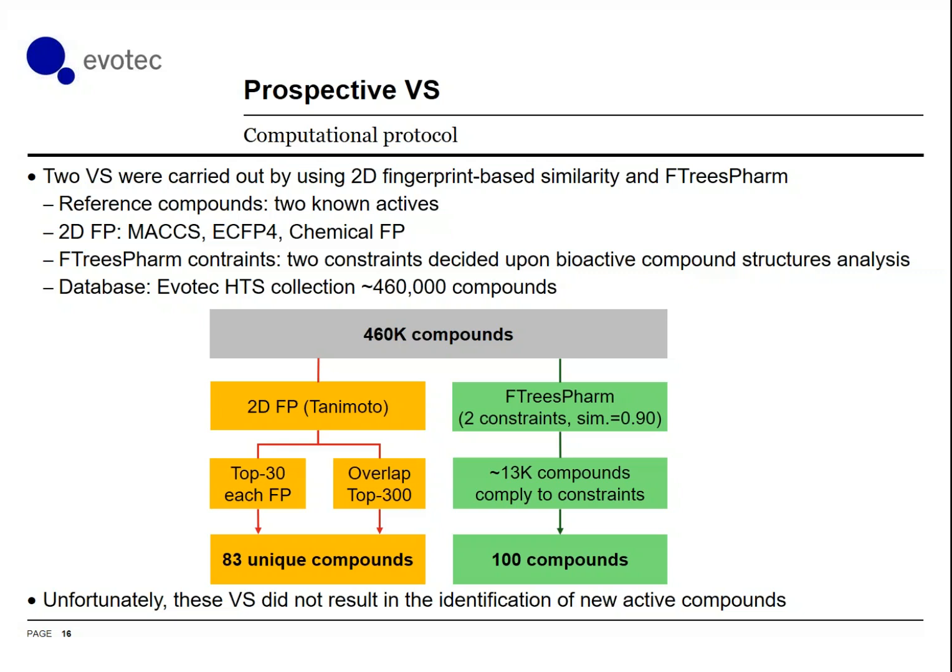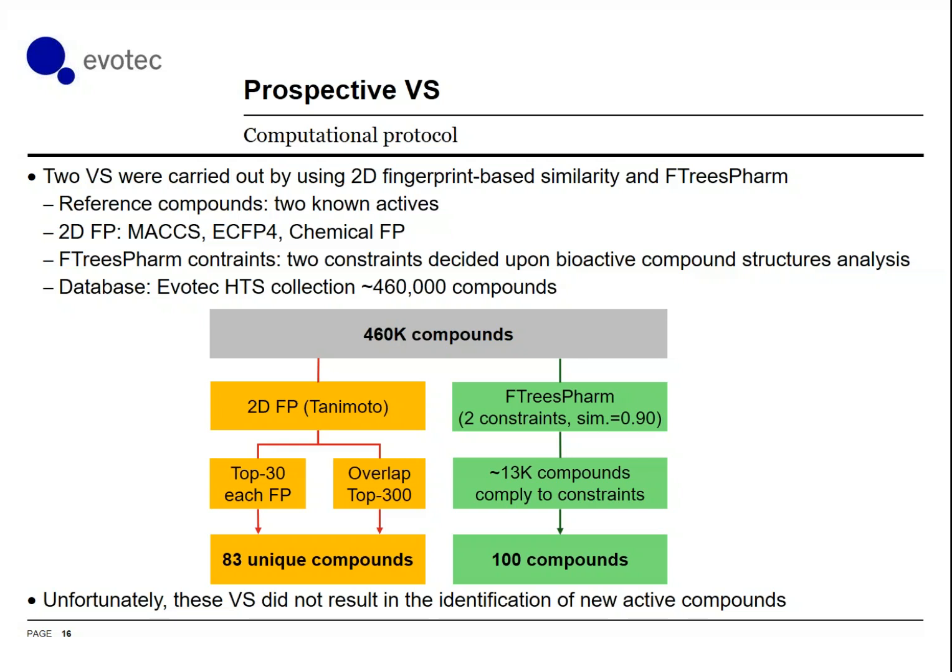And also, I have mentioned that the database chosen for this virtual screening includes about 460,000 compounds, which are the Evotec HTS deck, and we have chosen this database in order to have immediate access to the selected chemical matter.